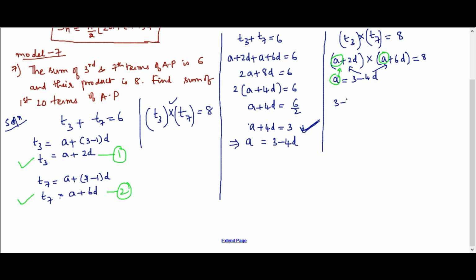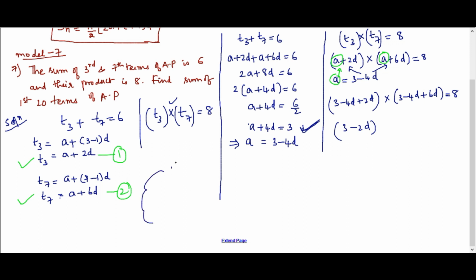See, 3 minus 4D plus 2D into 3 minus 4D plus 6D is equal to 8, isn't it? So 3 minus 2D it will become, because minus 4D plus 2D. Don't do 4D plus 2D is 6D and write minus 6D. This is wrong. Kindly understand this one.